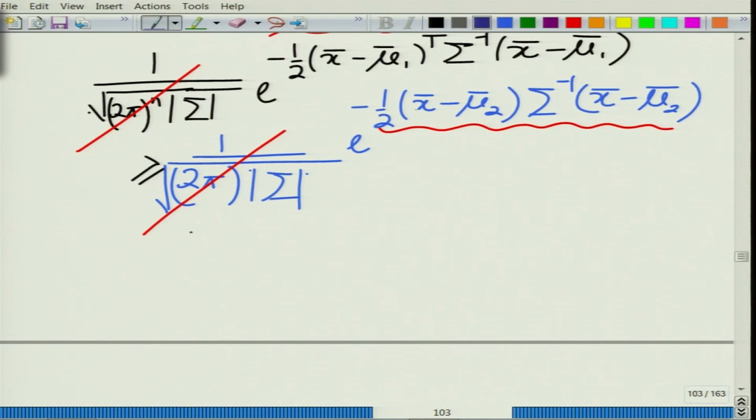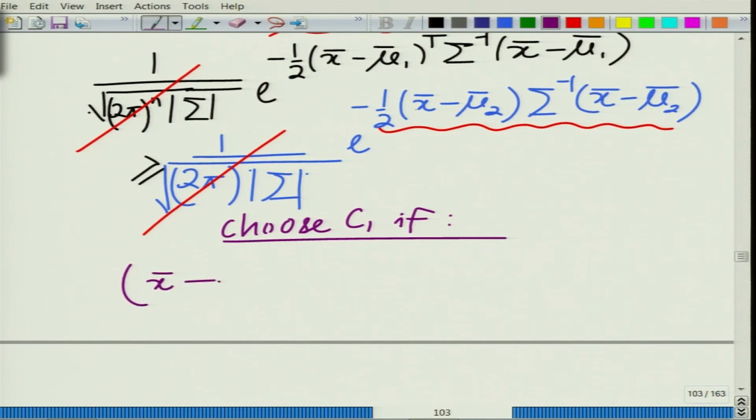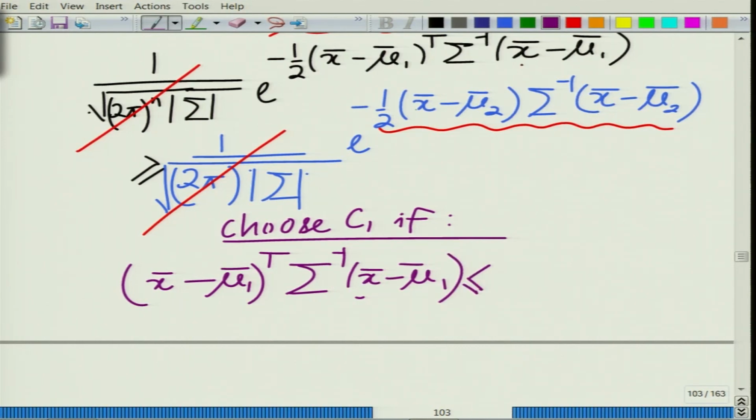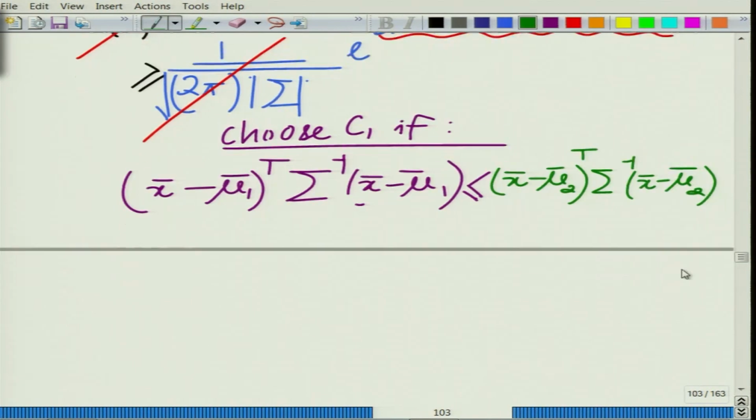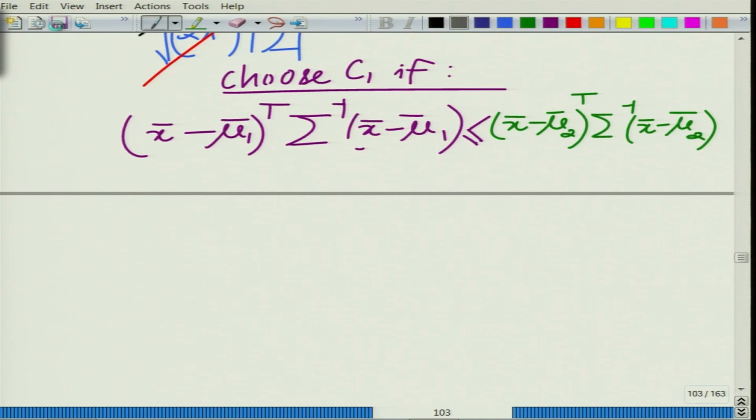So you can easily check this reduces to: choose C1 if (x bar minus mu 1 bar) transpose sigma inverse (x bar minus mu 1 bar) is less than or equal to (x bar minus mu 2 bar) transpose sigma inverse (x bar minus mu 2 bar).